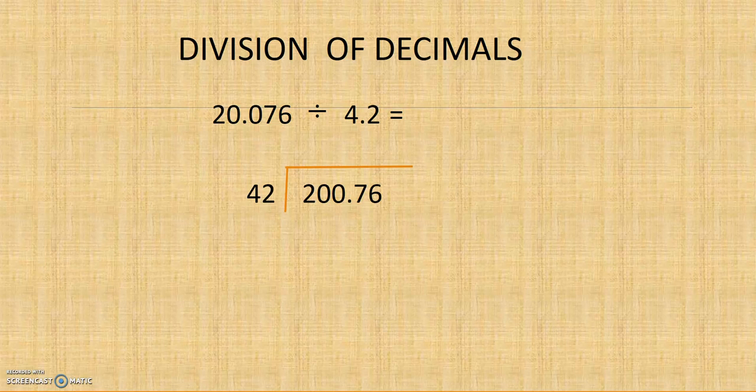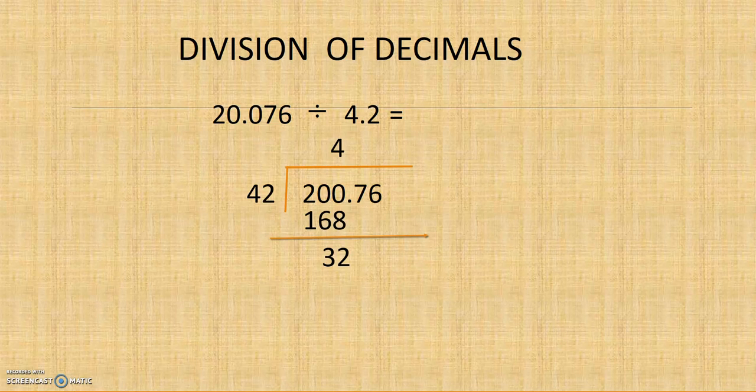So we have 200.76. Then proceed to division. So 200 divided by 42 is 4. 4 times 42 is 168. Then let's subtract. 200 minus 168 is 32.